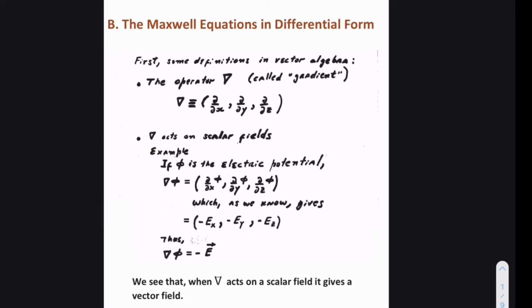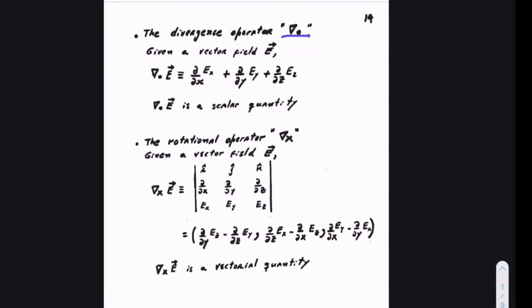Now if you look carefully, you will see that the electric potential was a scalar function, and when we applied operator delta on it, we got a vector quantity, which is the electric field. So we can say that when delta acts on a scalar field, it gives a vector field. Now this delta operator can act in two ways when applied on a vector field.